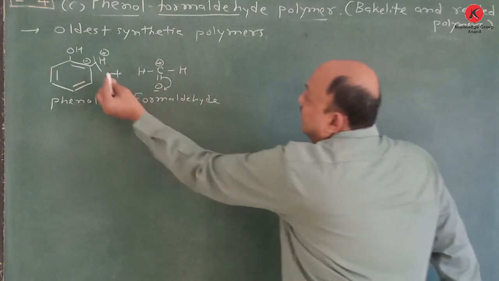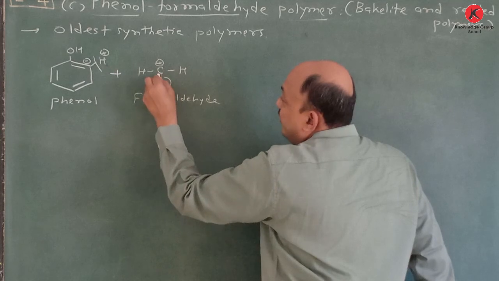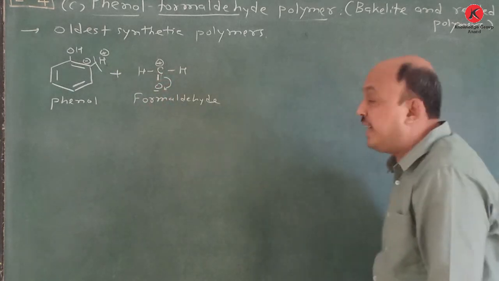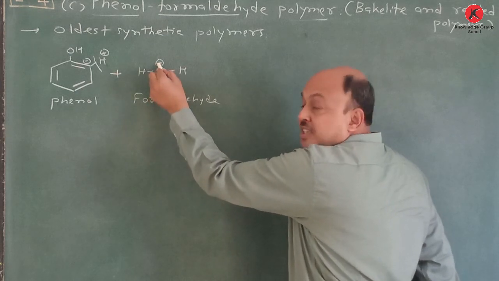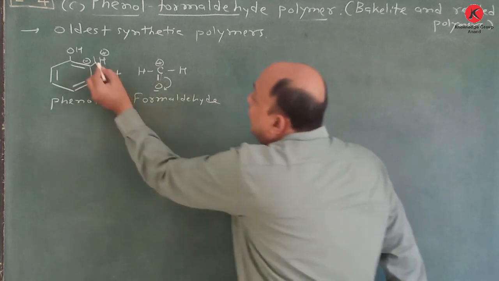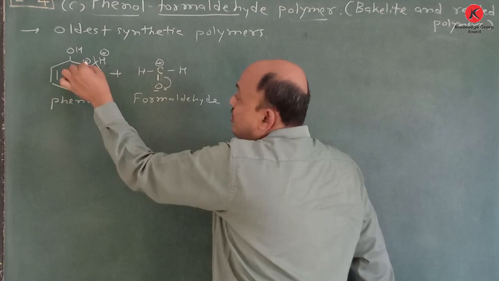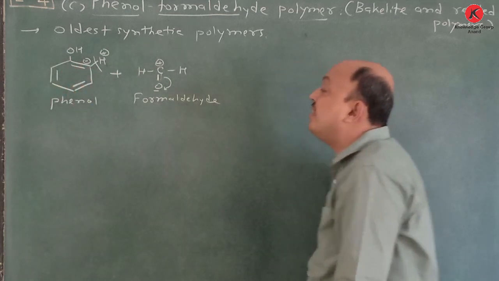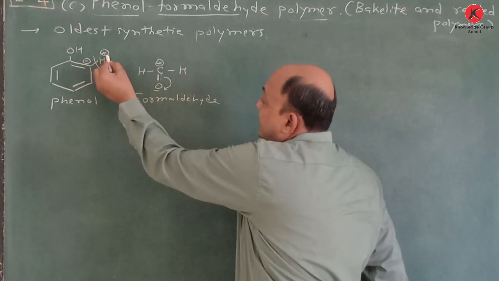Once again, this double bond containing group is there. They are just moving towards this and polarity takes place between carbon and oxygen. So this carbon possesses positive charge and oxygen possesses negative charge. Same way here, carbon and hydrogen are present. So in the benzene ring, carbon possesses negative charge and H plus is there.